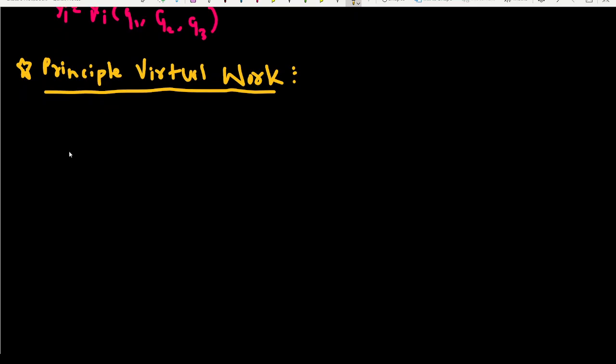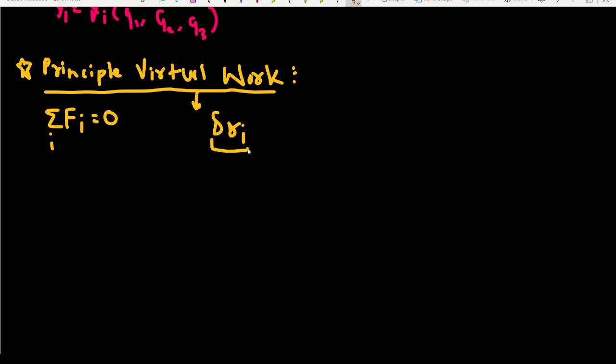I will not go directly to the definition. First of all, understand it. Suppose the system is in equilibrium, so all the net forces are equal to zero. This is the condition for equilibrium: the summation of Fi is equal to zero. What we do in virtual work is add an arbitrary displacement called del Ri.